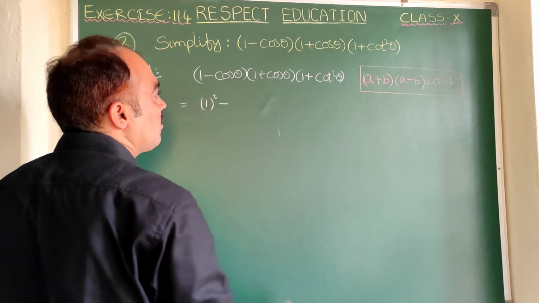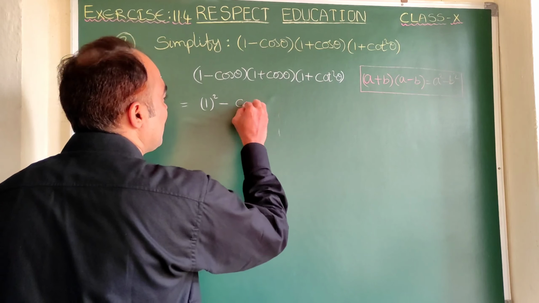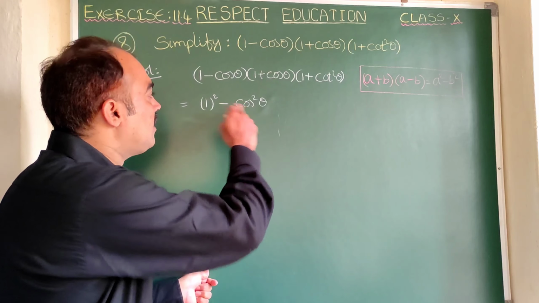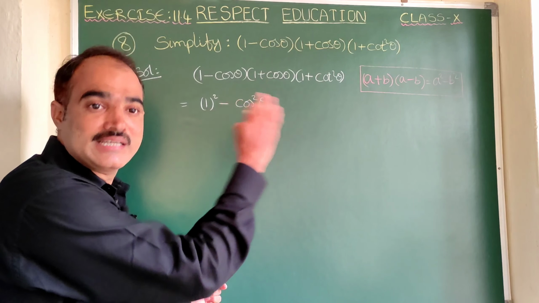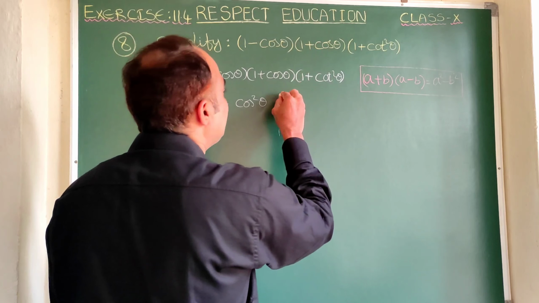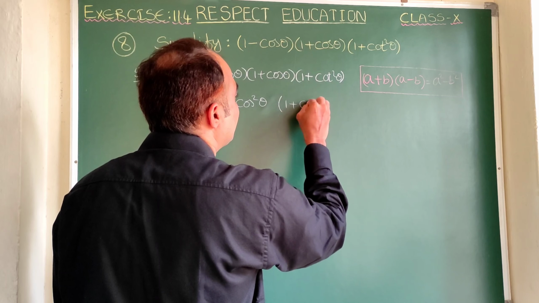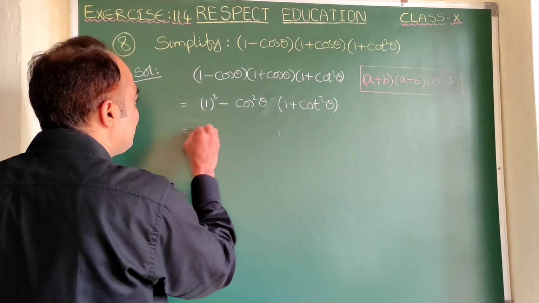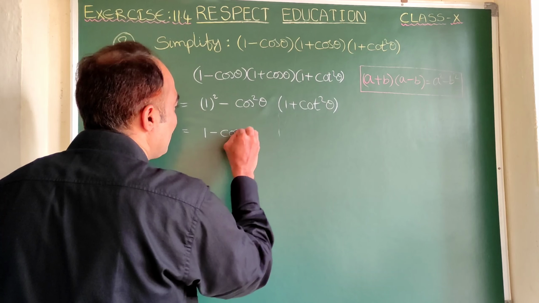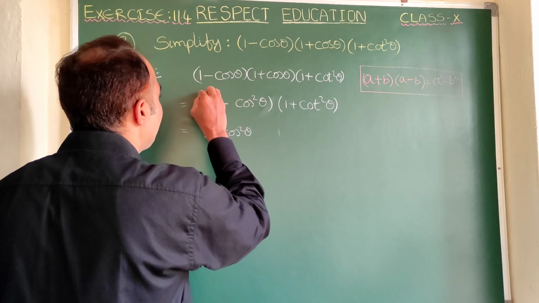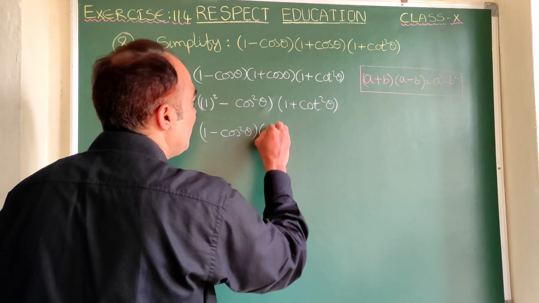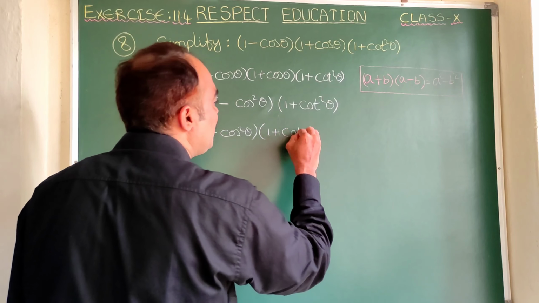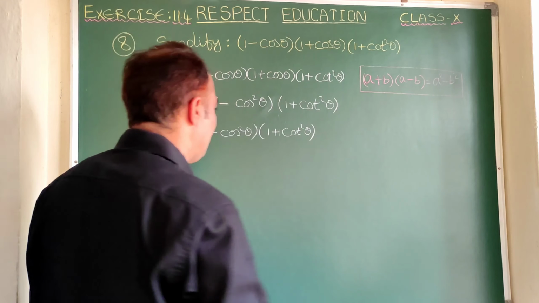B is cos theta and B square is cos square theta. Actually it is cos theta whole square. It can be written as cos square theta but not cos theta square. Now let us write this 1 plus cot square theta as it is. Is it clear? 1 square is 1 minus cos square theta into 1 plus cot square theta.